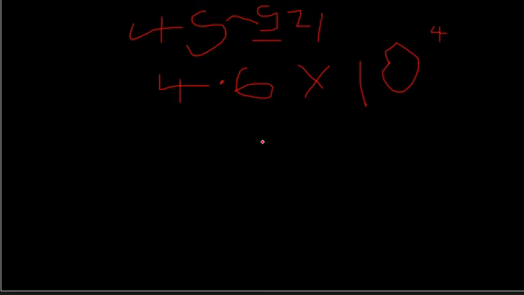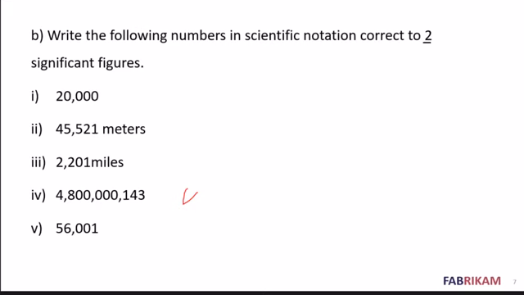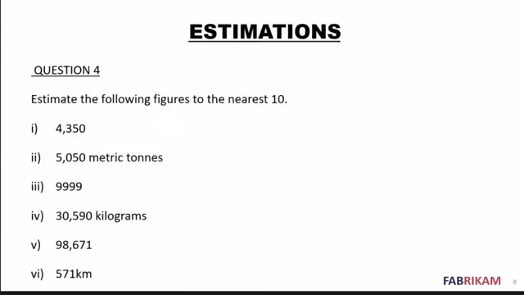So when you're asked to estimate to the nearest 10, maybe the distance of a road, you know the exact distance, that is maybe 569.